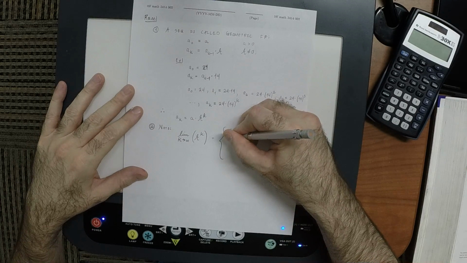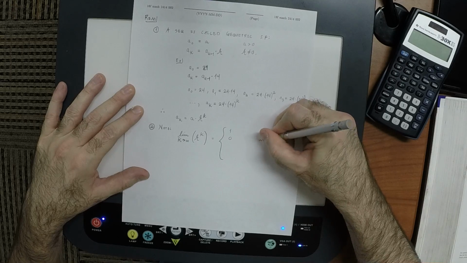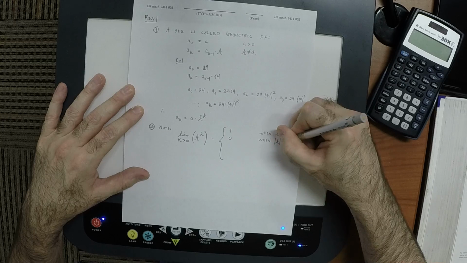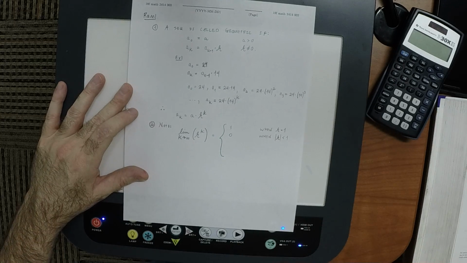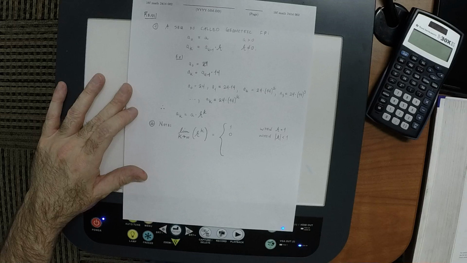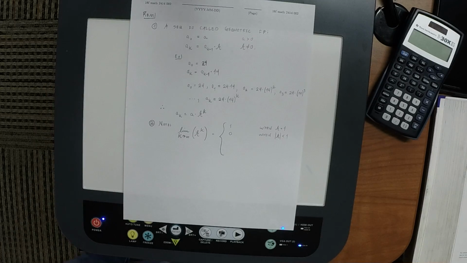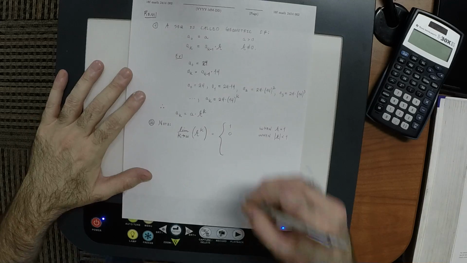So the answer is going to be 0 when the absolute value of r is less than 1. And if r is too big, like 2 or 3, it's going to diverge. If it's too small, like -4, it's going to diverge. And if it's -1, it's the alternator, and that diverges. So it diverges otherwise.